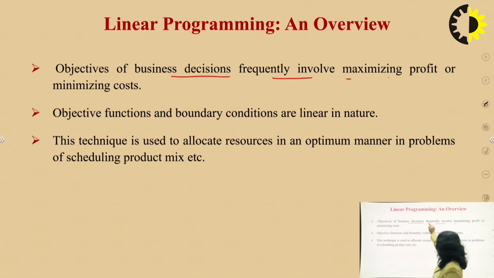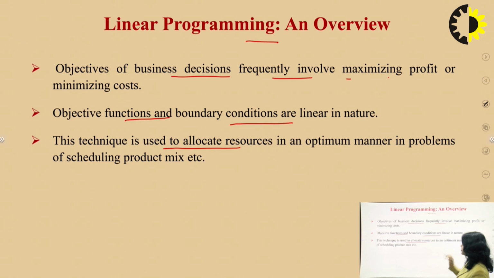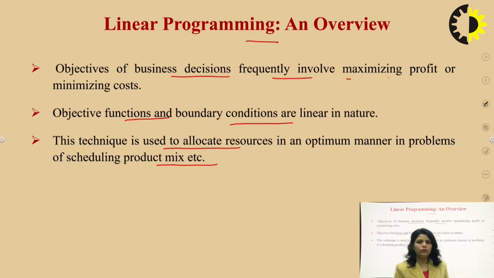In linear programming, the objective function and the boundary conditions will all be linear in nature. This technique is used to allocate resources in an optimal manner, in problems of scheduling and product mix. Programming is basically planning.